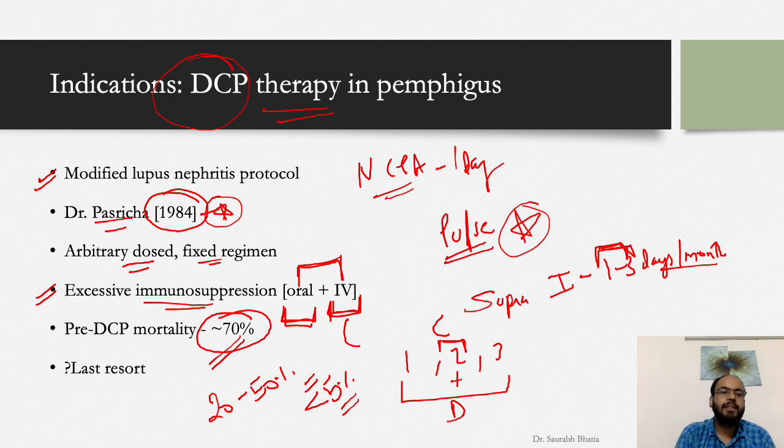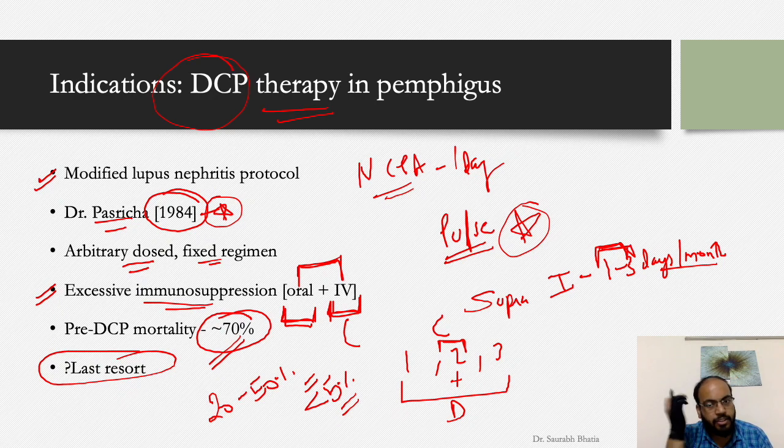But in my opinion, it's better to keep DCP as a last resort when the inflammatory activities are not being controlled, especially in the current stage where we have a lot of better drugs to manage pemphigus. It could be rituximab, even IVIG, and these kind of drugs significantly manage pemphigus even in the direst of situations.